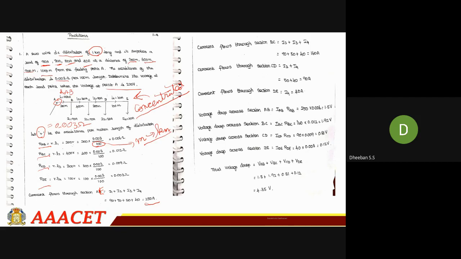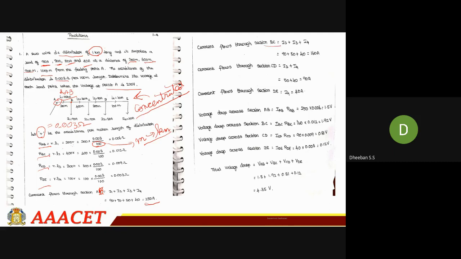Sorry, it is A to B only. So here we'll be making all the currents additive. When it is coming to a node, the current gets split up. Like that it goes on. So the total current will be 250 amps from A to B.